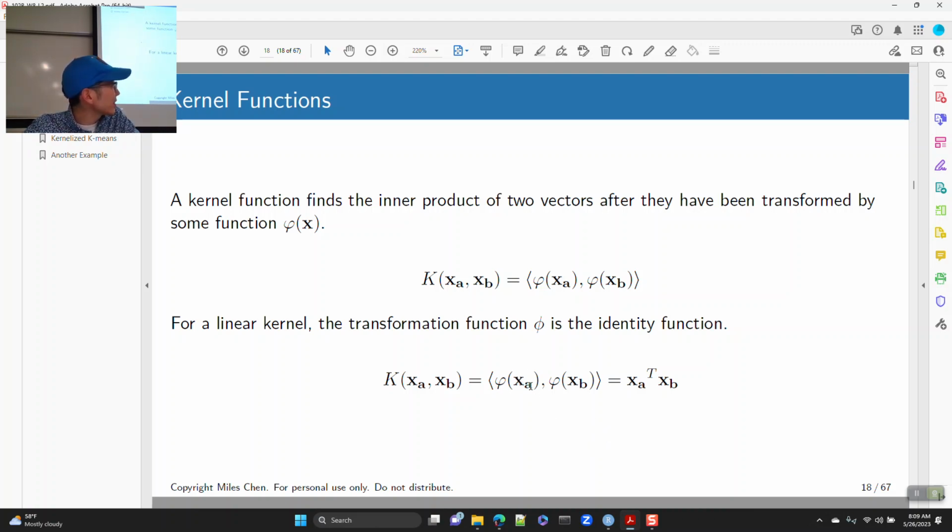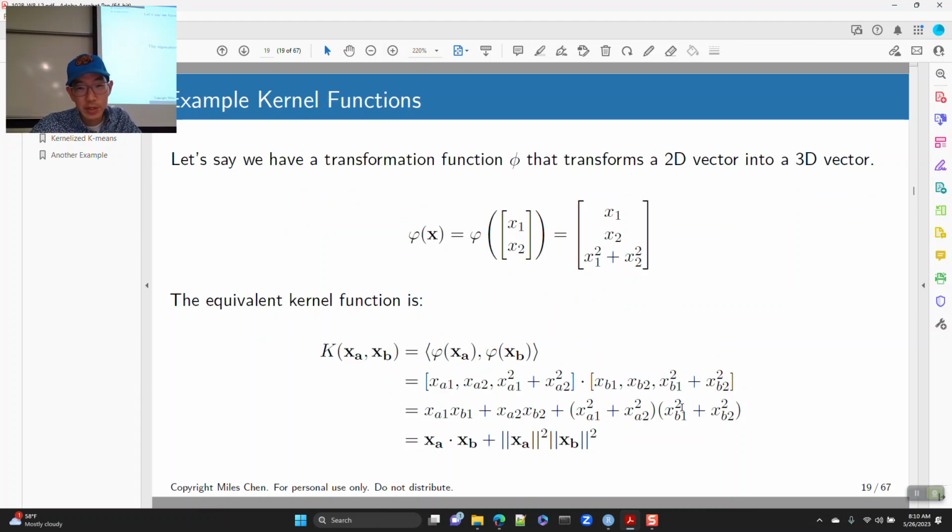Your transformation function could be as simple as the identity function, and then the kernel function is basically just the inner product, and you just have xa transpose xb, if you have 2 points xa and xb. Here is another example. Here's a transformation function where we have a coordinate in 2 dimensions, and it transforms it into 3 dimensions.